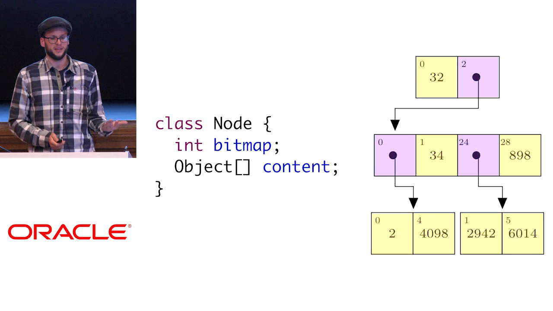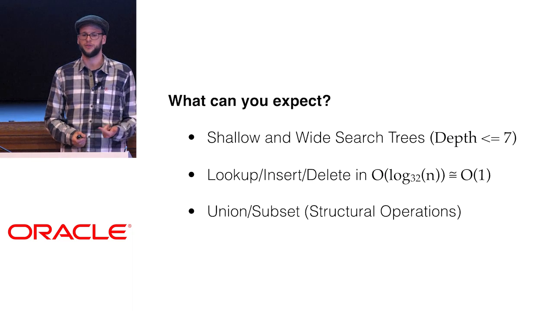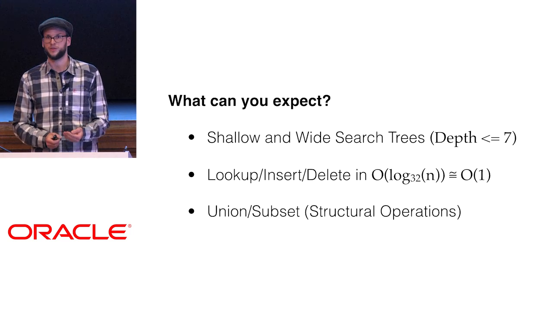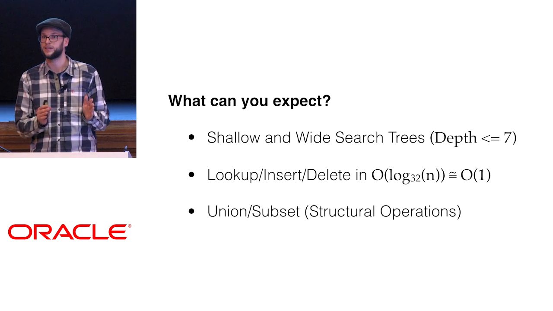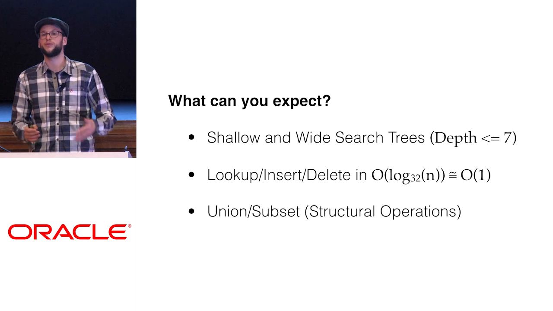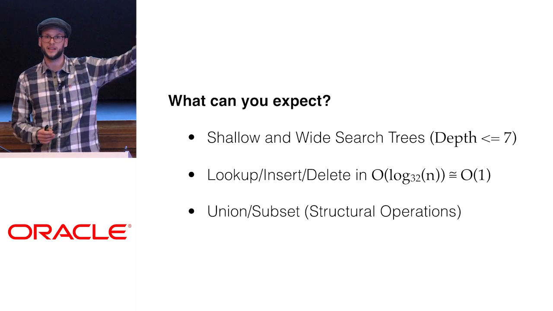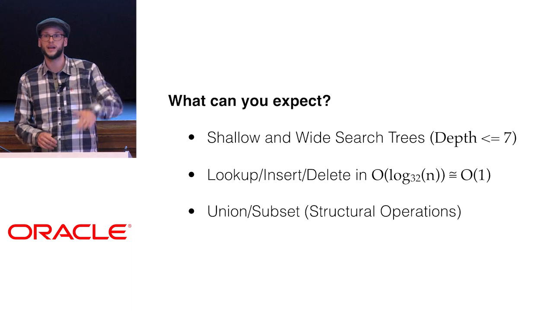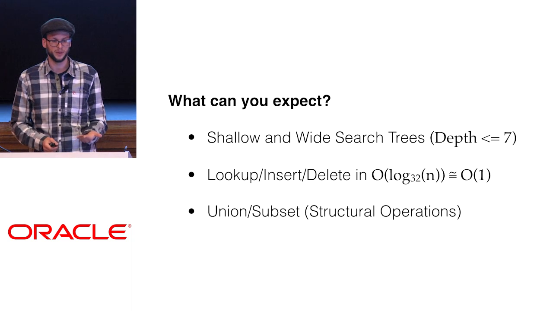What can you expect, performance-wise, from such a tree data structure? First of all, they constitute shallow and wide search trees, with a branching factor of up to 32, and with 32-bit hash codes, that means we get trees that are only up to 7 levels deep.